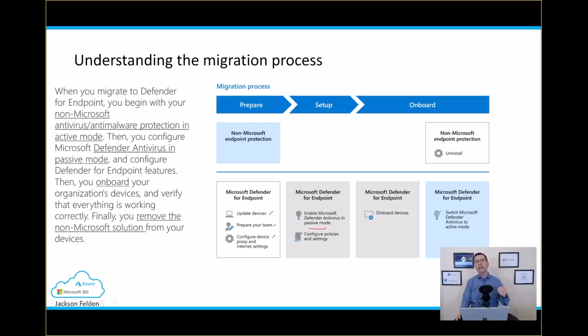Your current AV is already running as active and we are about to onboard Defender for Endpoint as passive. It means in passive mode, Defender for Endpoint will not take any measure in terms of blocking possible malicious files or other software. Okay, that's one of the steps.